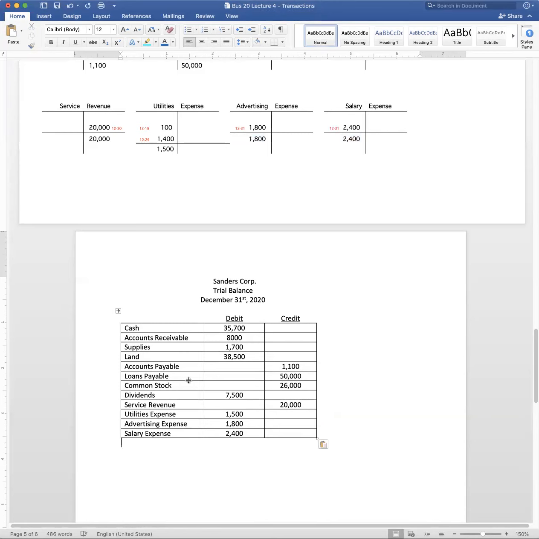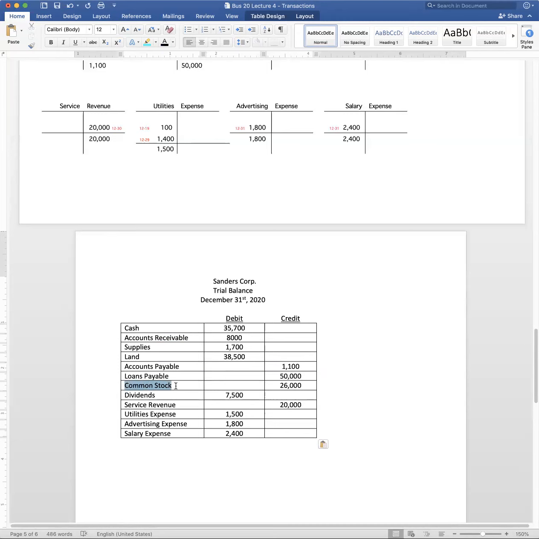Okay, now let's just take a look at these for a moment here. The first four accounts, cash, accounts receivable, supplies, land, right? These are all assets. But what else do they have in common? They all have debit balances, debit totals. Accounts payable, loans payable, those are liabilities. And they also have credit balances.